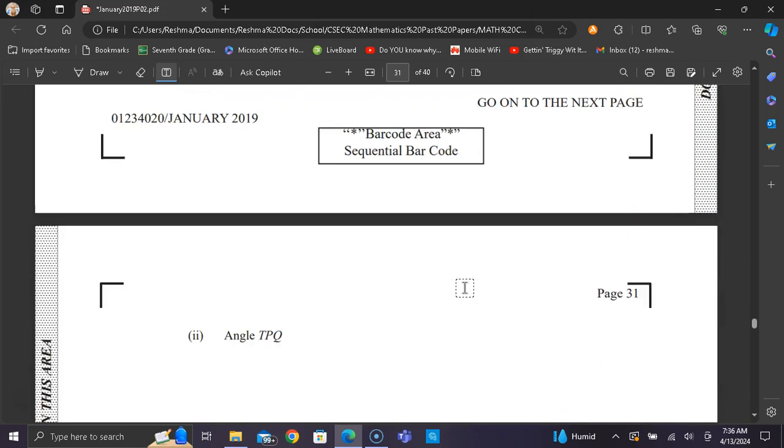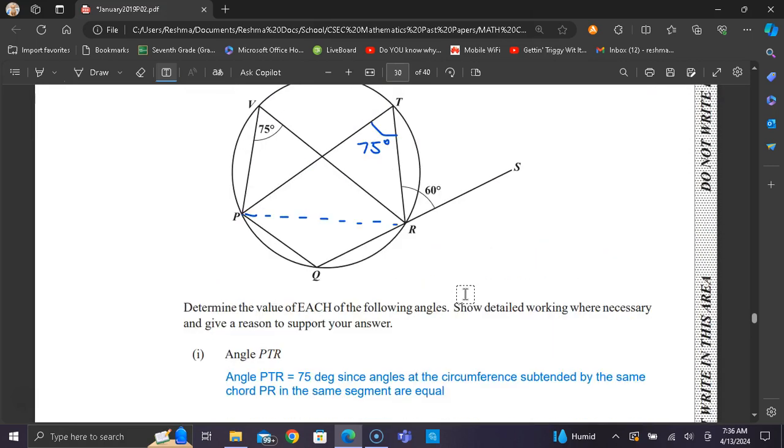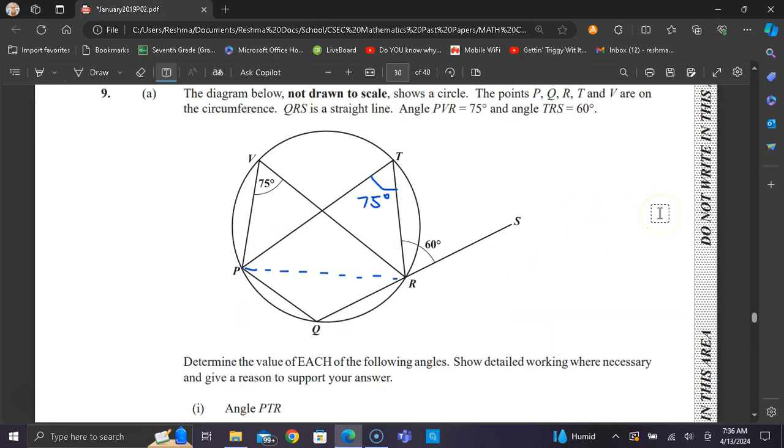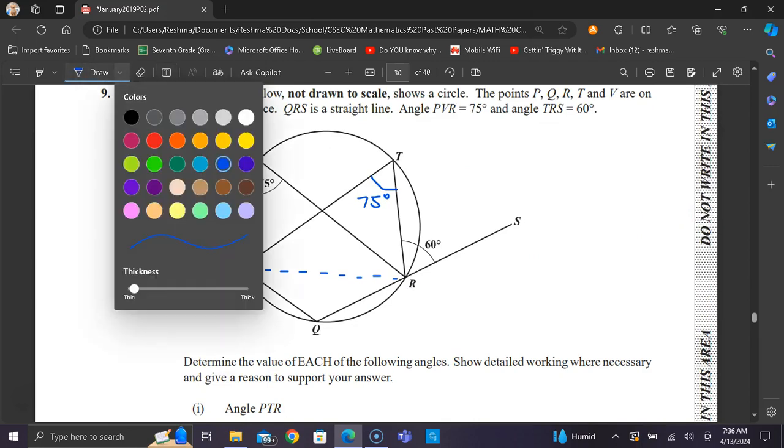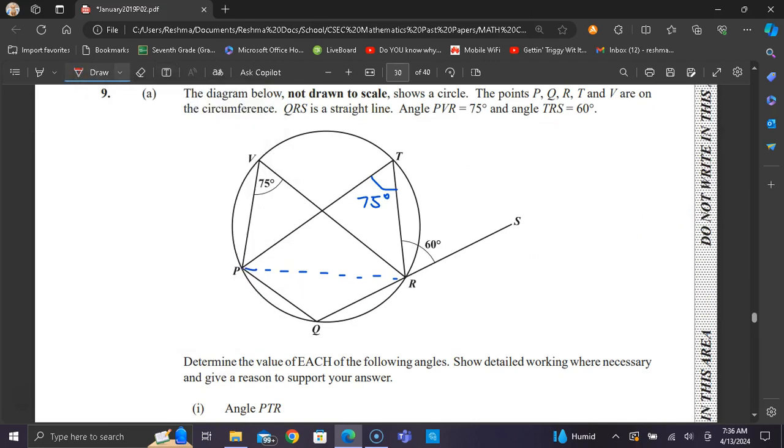Let's go on to part 2, angle TPQ, and this is worth 2 marks also. I'm going to use another color. Angle TPQ, that's this angle here.